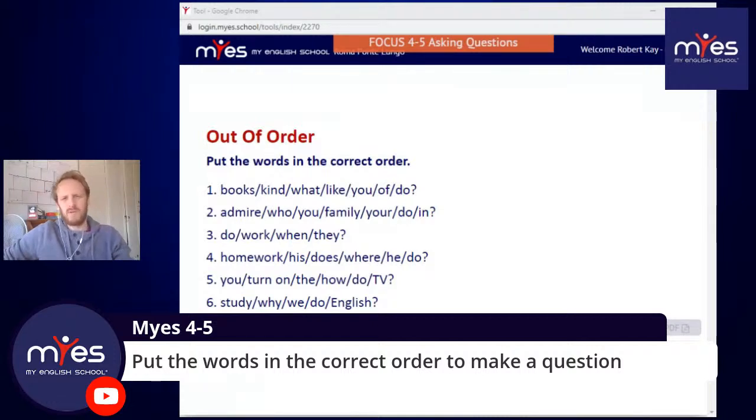What would be the correct order to make a question?